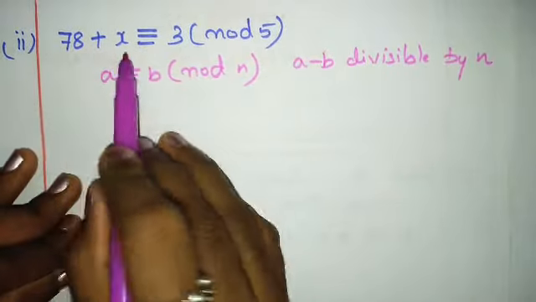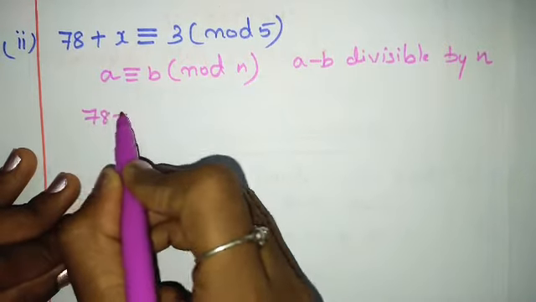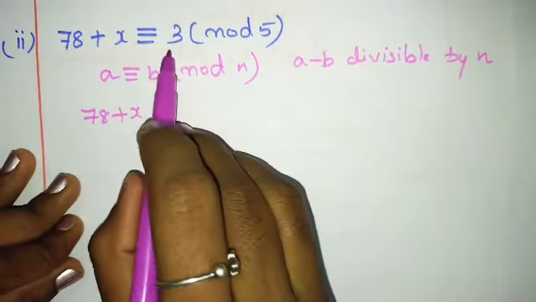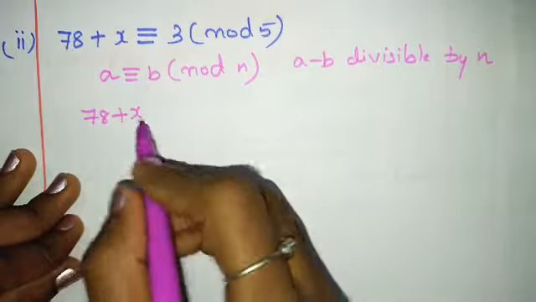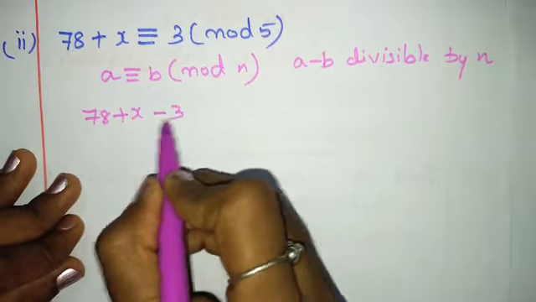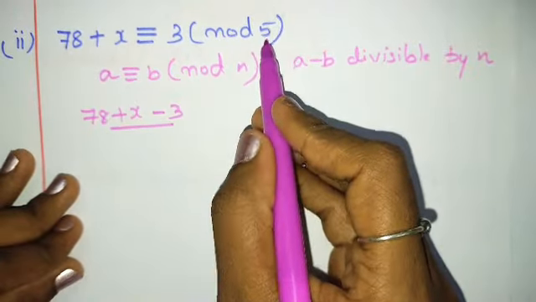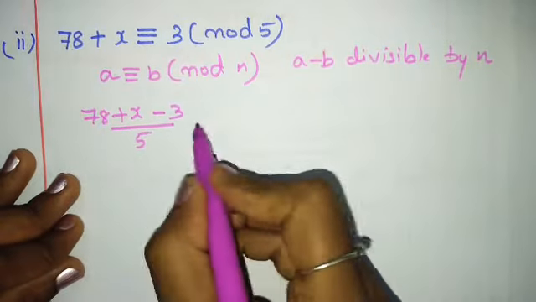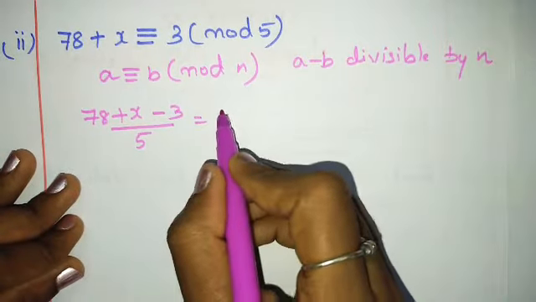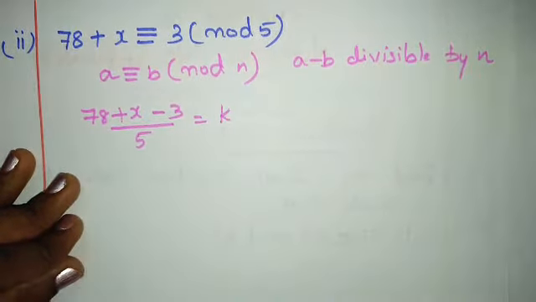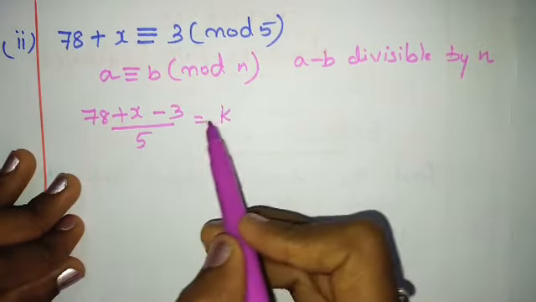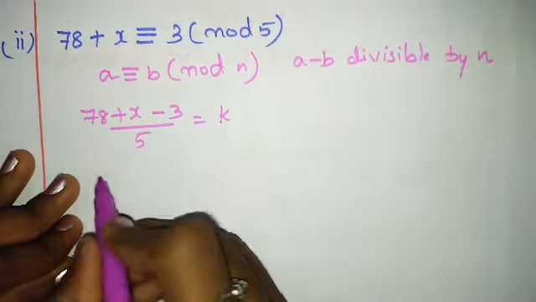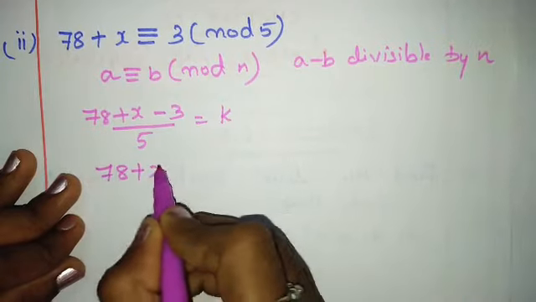So now your a is 78 plus x, minus b, so minus 3, divided by n. Your n is 5 here. So it is equal to some random integer. Let's take k. Now I'll cross multiply this 5 there, which becomes 5k.